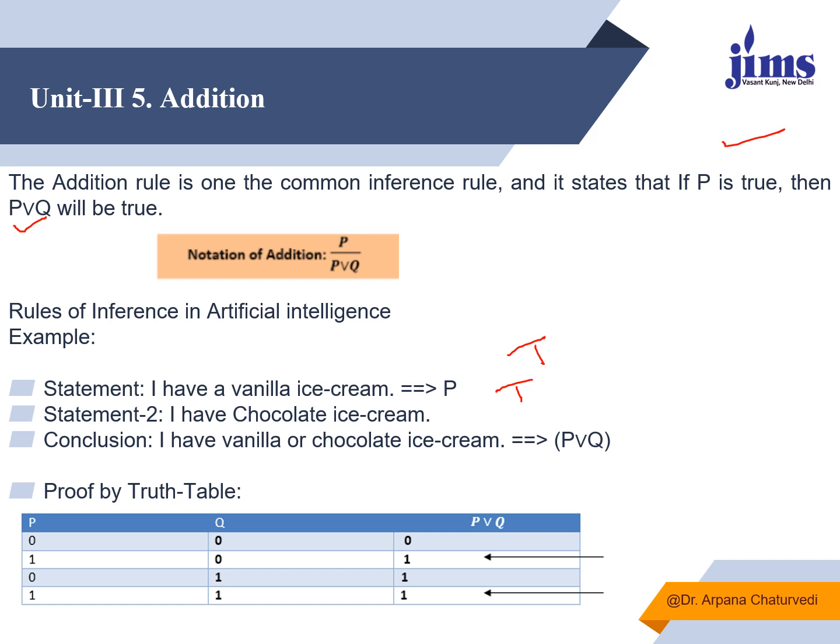It means that either I have a vanilla ice cream or a chocolate ice cream. So if I have a vanilla ice cream, this is P, and P is true. I'm saying I have vanilla or chocolate ice cream. This is also true.